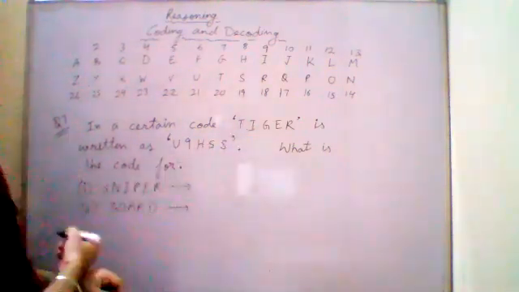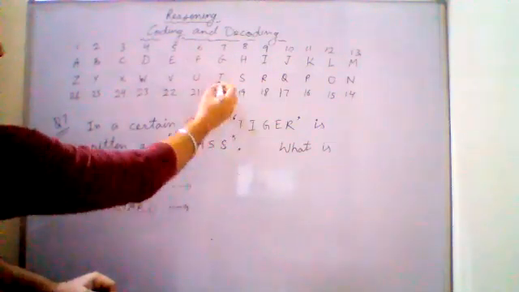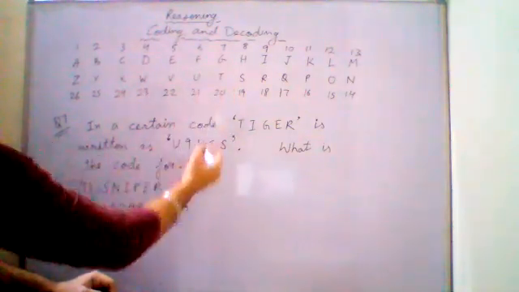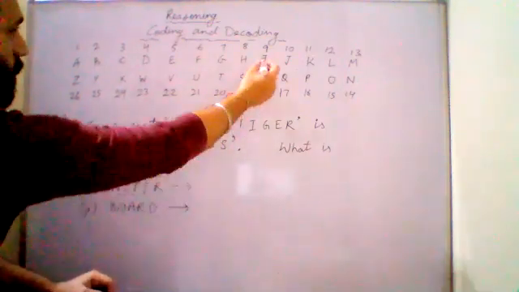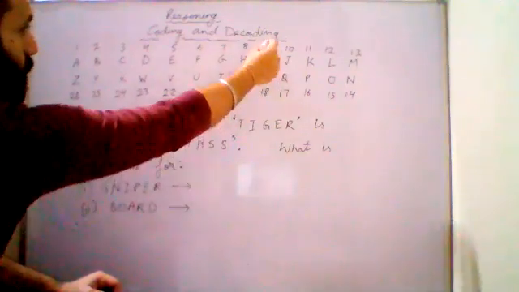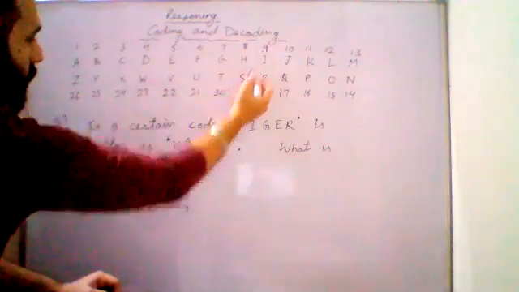All of you see what is the pattern? We have simply written the next letter after T. The next letter after T in the English alphabet is U. So U. Then for the second letter I, we have written the number for the letter. The number for the letter I is 9.